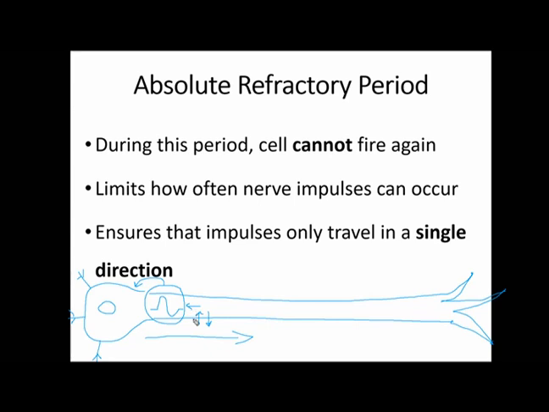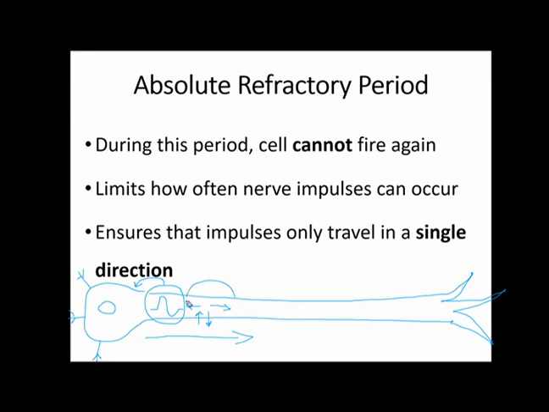Well, nothing really. There's no physical barrier that keeps that ion in the same area it entered in. So these ions can move either backwards or forwards. But this is where that refractory period comes in.